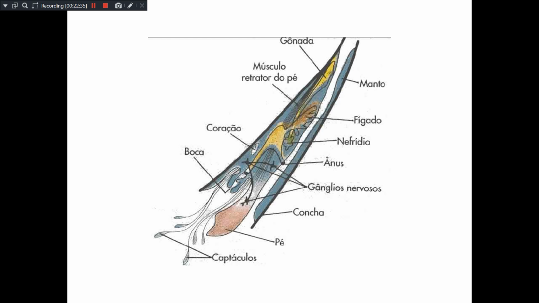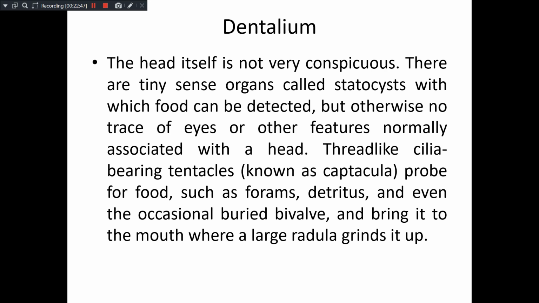So these are the captacula. This is the head region. This is the shell. The head, as you see, is not very conspicuous, and there are many tiny sense organs, known as statocysts, with the help of which the animal can detect food.